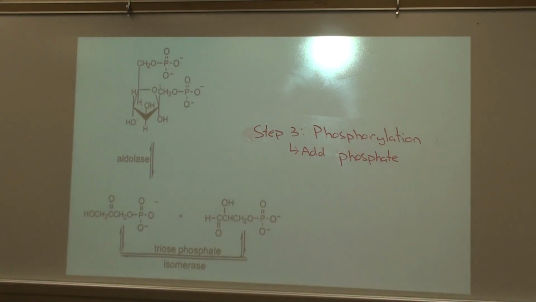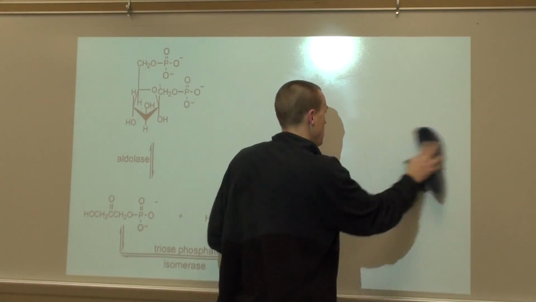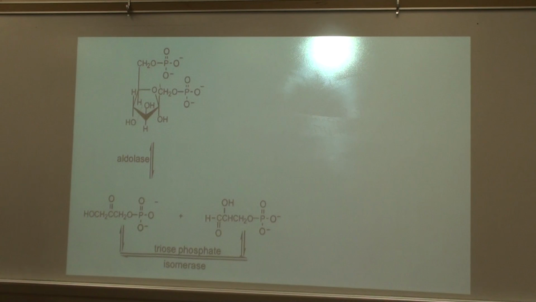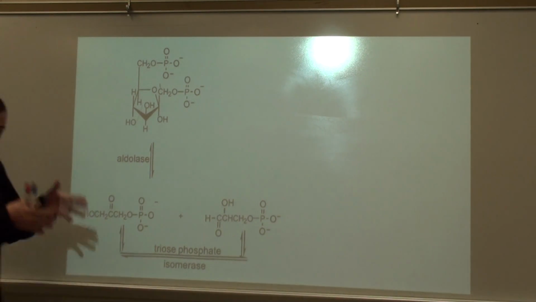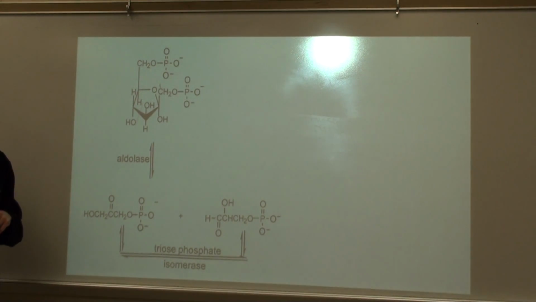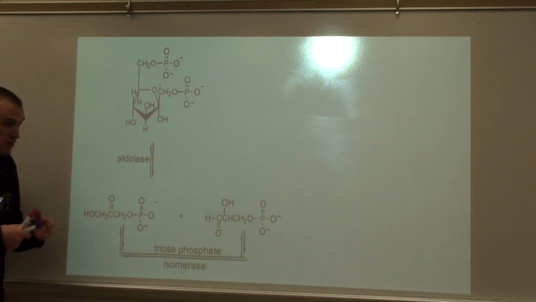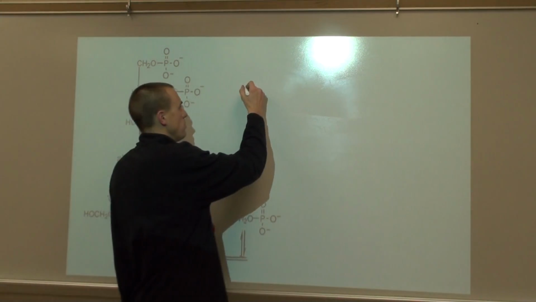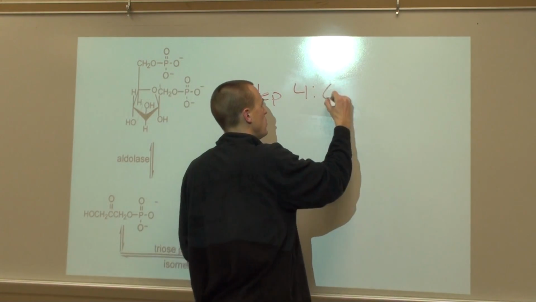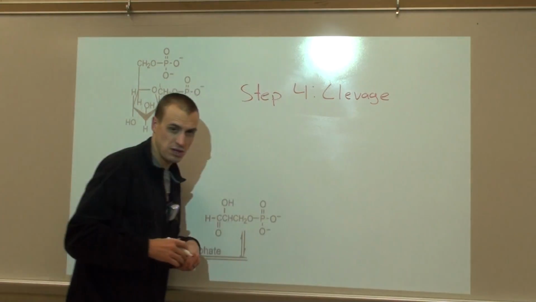So steps 4 and 5. We begin here with step 4. For step 4, what happens here is that we cleave or we break apart our fructose 1,6-bisphosphate. So step number 4 is what we call cleavage.